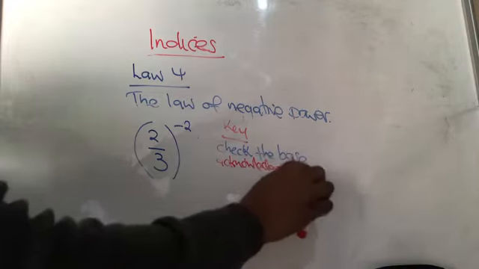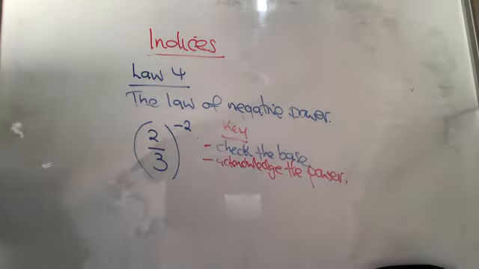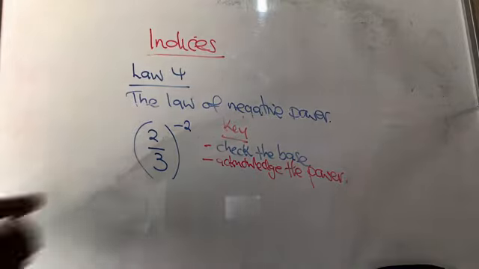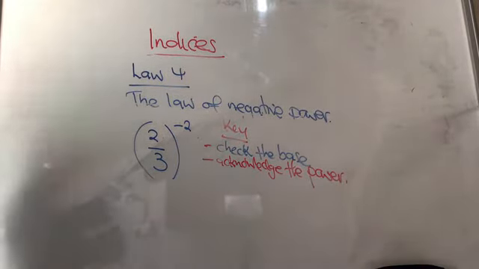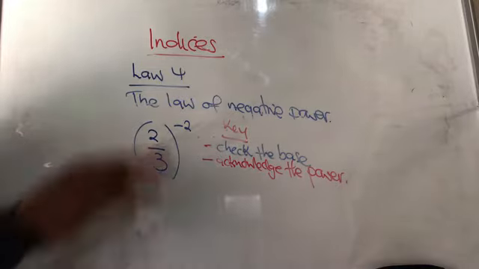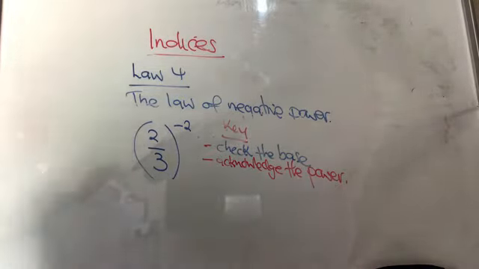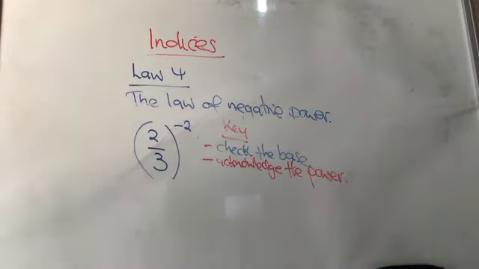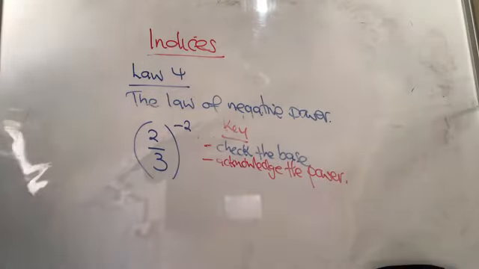Acknowledge the power. 2 things. So if I check the base, I'll see that the base is not a usual one, it's now a fraction. And I'll check the power. I say the power is not a usual one. It's very unusual. It's a negative power. So this question requires deep analysis. Don't just jump and answer questions like this without deep analysis.